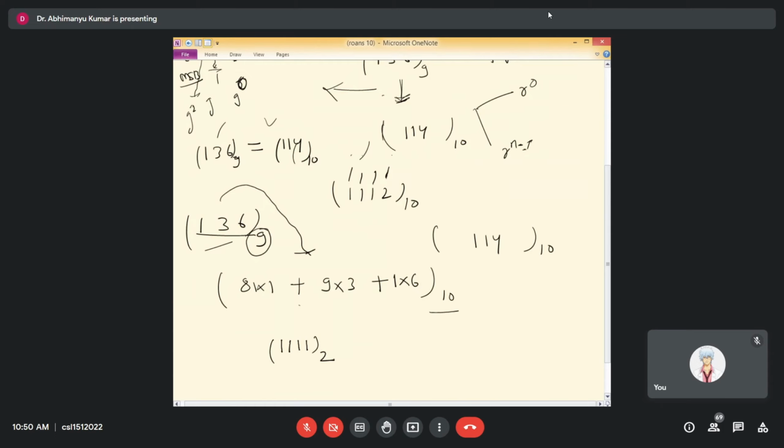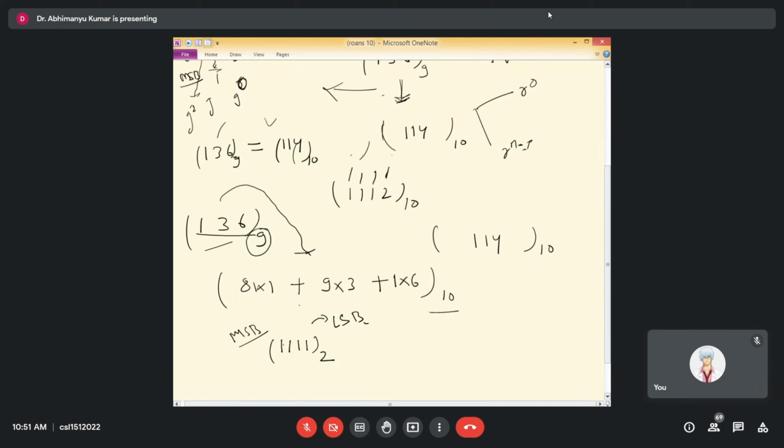LSB, B is representing bits and D is representing digits, right? Whenever it is in the binary system, instead of saying LSD, we say LSB, bit, or here MSB bit, and if it is other than the binary system, we can say digits.